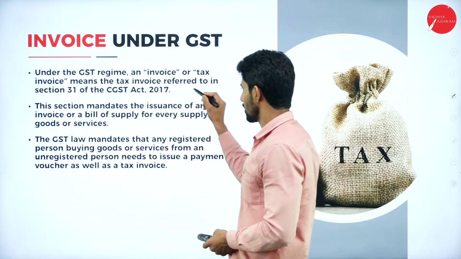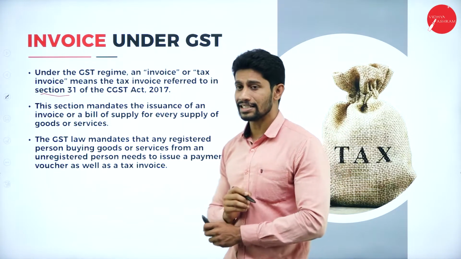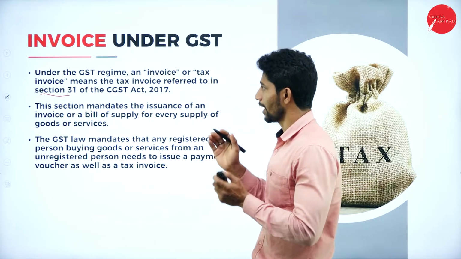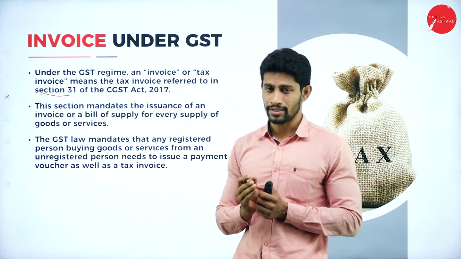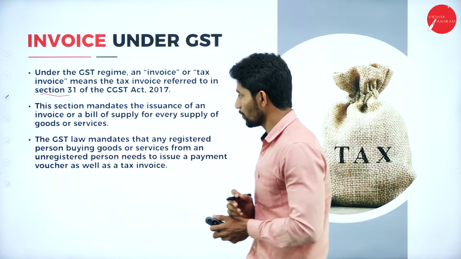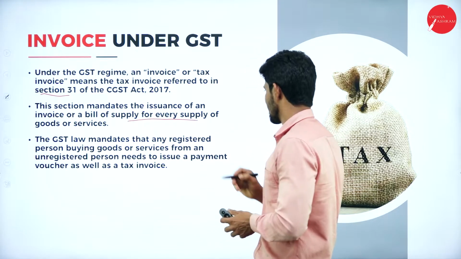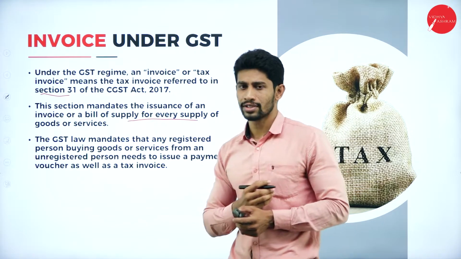Here in GST, section 31 of the CGST Act determines what is an invoice. This section mandates the issuance of an invoice or a bill of supply for every supply of goods or services.